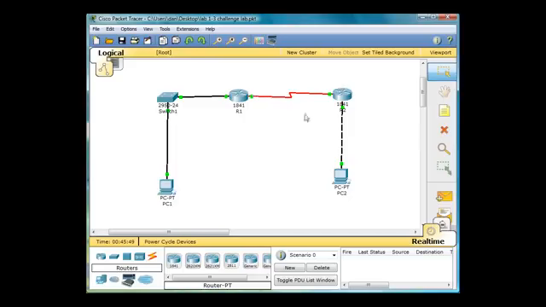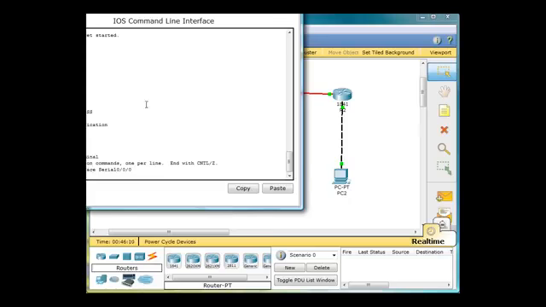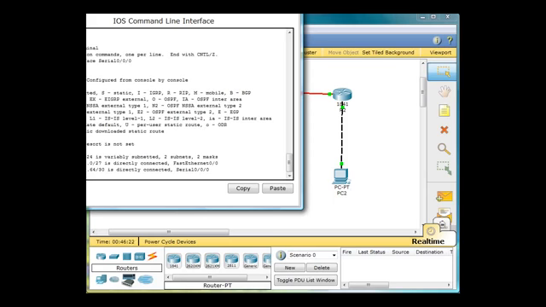So the packet actually arrives at R1 on its serial interface, right? The problem is the packet never returns. So the echo request actually gets to the destination, but when R1 tries to send it back to PC2, we look at R1's routing table, and when we look at R1's routing table, we'll see that R1 has no idea where to go.